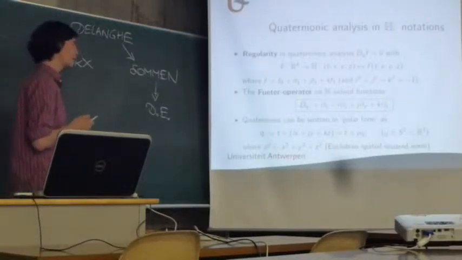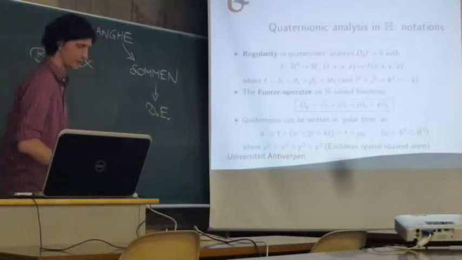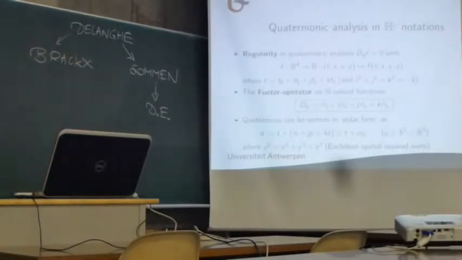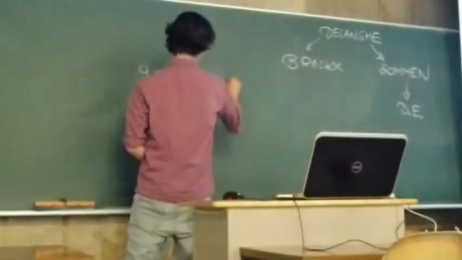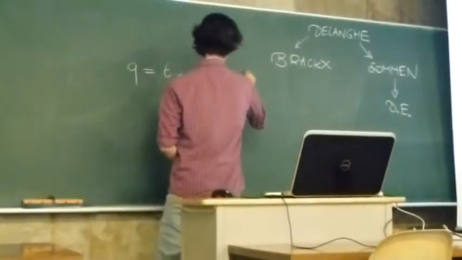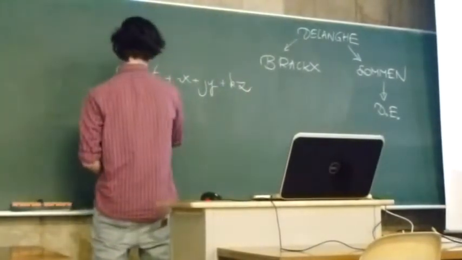Now, I very often need a different way to write down a quaternion, like a quaternion Q here. You can write it in this special way. Actually, it's so important that I will write it here. So a quaternion Q, which is t, and then ix, and then jy, and then kz. What I will do is to write it as t.